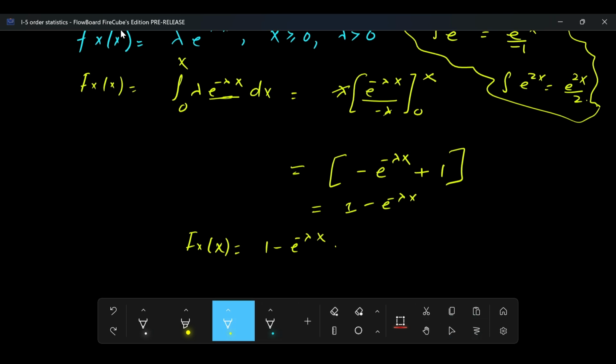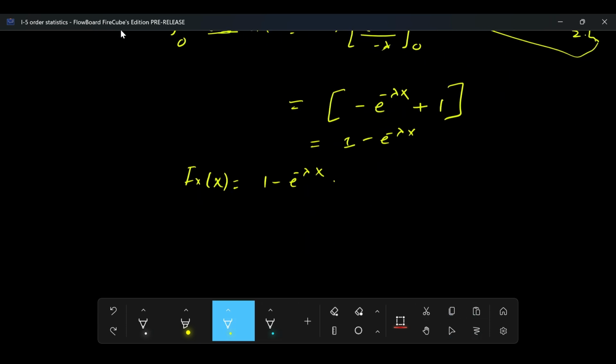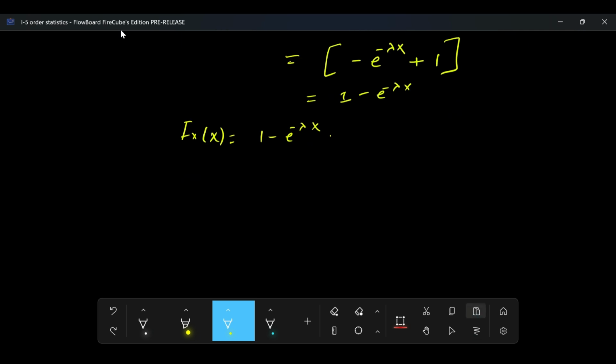Now, what is the CDF of the first order statistic? That is 1 minus, 1 minus F of x, raised power n. Sorry, the PDF has n minus 1; this is raised power n.